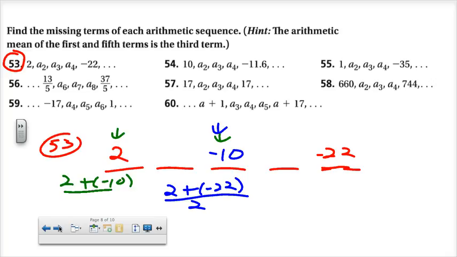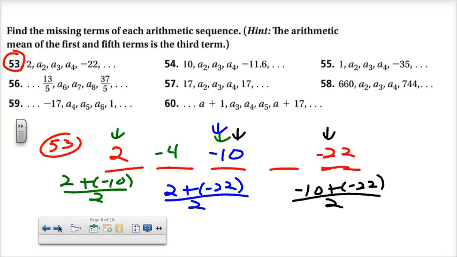So 2 plus -10 divided by 2 will be -8 divided by 2, which is -4. And now we'll do it a third time with -10 and -22. So this is just the arithmetic mean 3 times. That's all it is. -10 plus -22 divided by 2, that's -32 divided by 2, which is -16.